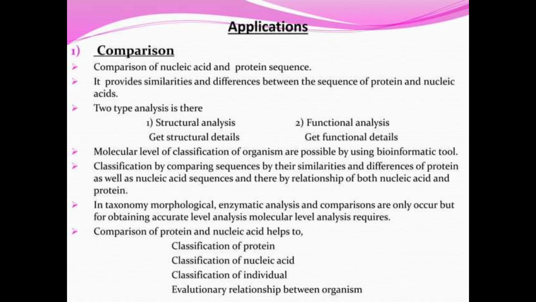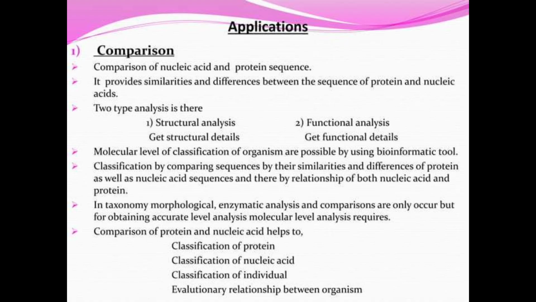A molecular level classification of organisms can be made possible by using bioinformatics tools. This allows the comparison of similarities and differences between nucleic acid sequences, and finding the relationship between nucleic acid and protein.